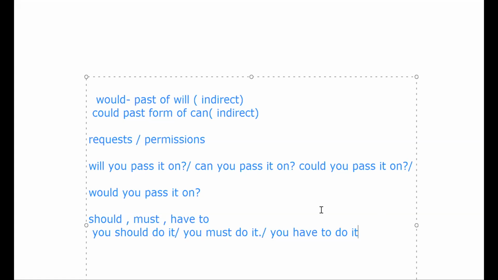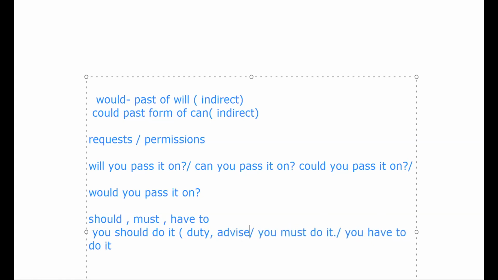Whenever you are talking about a duty which you are supposed to do, or a general rule, or I would say advice. You want to give advice to someone, or I would say general duty.